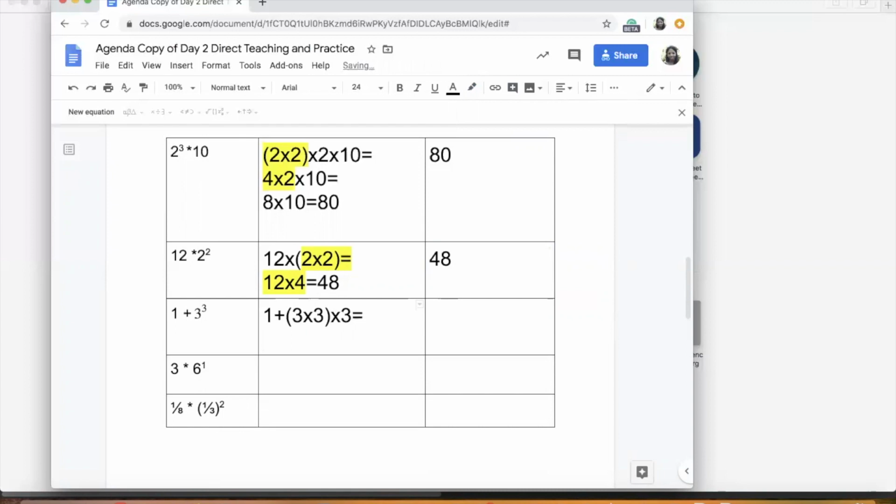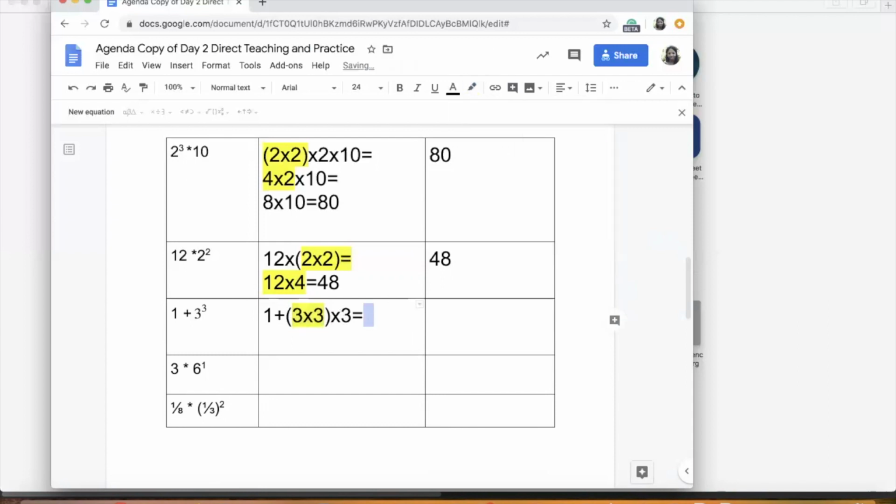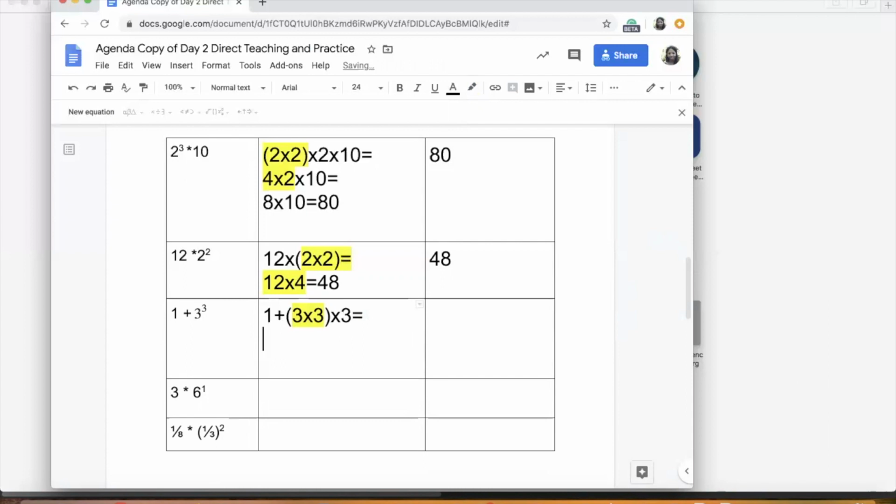All right, so we have 1 plus 3 to the 3rd power, which can also be called 1 plus 3 cubed. I'm going to take my pairs and put parentheses around them. So I have 1 plus 3 times 3 times 3. And I'm going to highlight that 3 times 3 because that's the one I'm going to do first. Now you always have to multiply before you add.